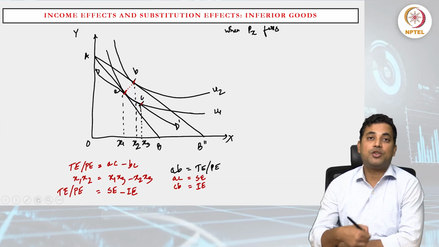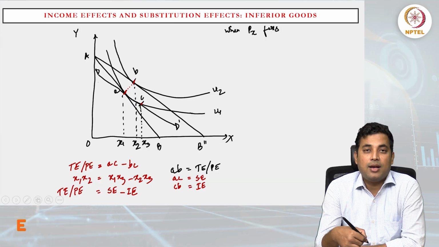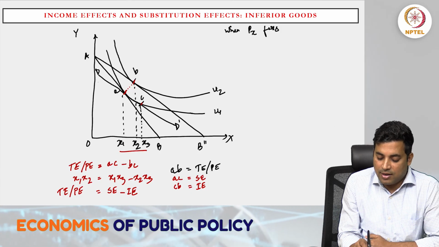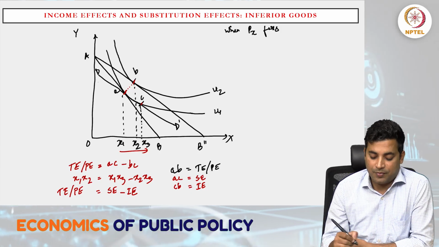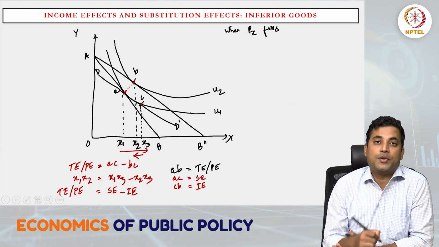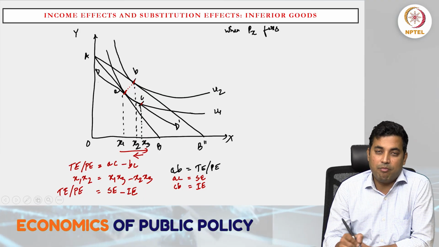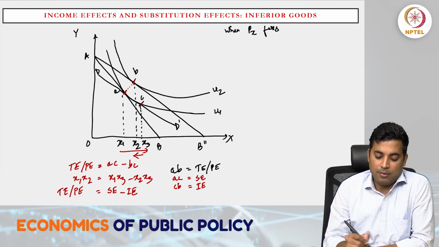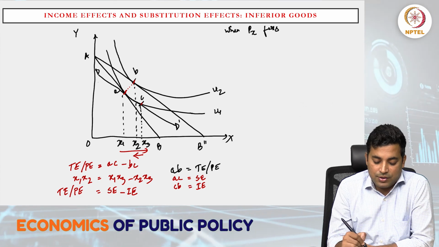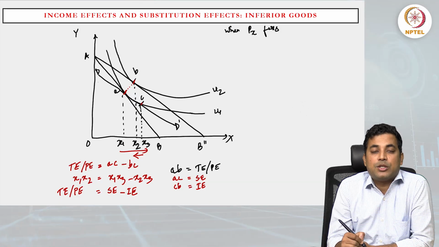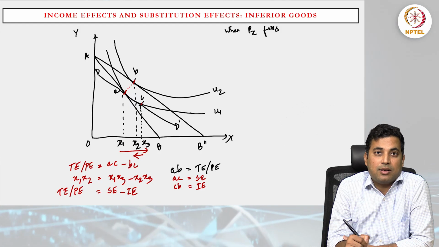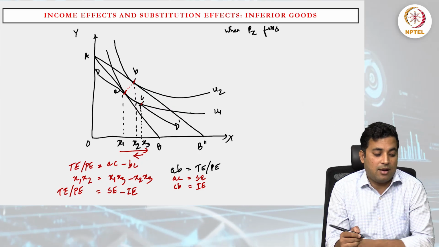The substitution effect is much stronger compared to the income effect; the substitution effect goes in one direction, and the income effect goes in the opposite direction because it is going back to the previous. So in case of inferior goods, total effect equals substitution effect minus income effect. In case of normal goods, total effect equals substitution effect and income effect.